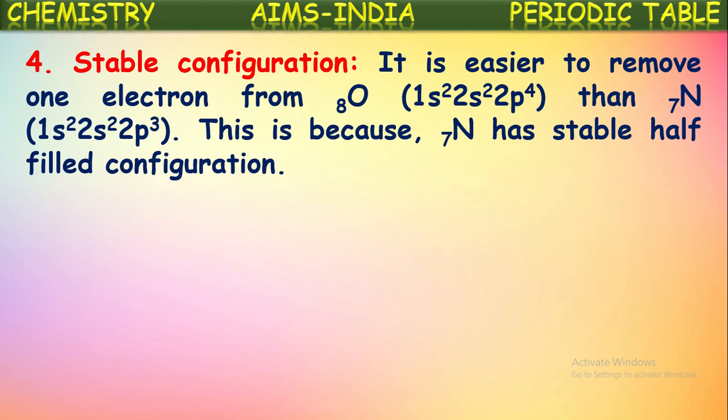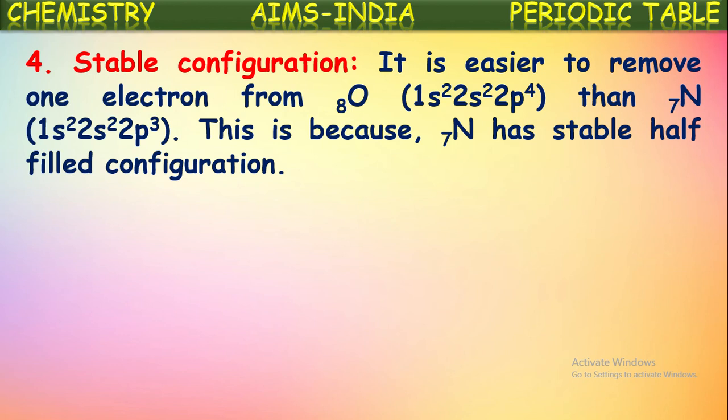Next factor is stable electronic configuration. Yes, some elements have stable outermost electron configurations, like half-filled or completely filled configurations. These elements attain some extra stability, and hence they require more energy than expected for the release of electrons.